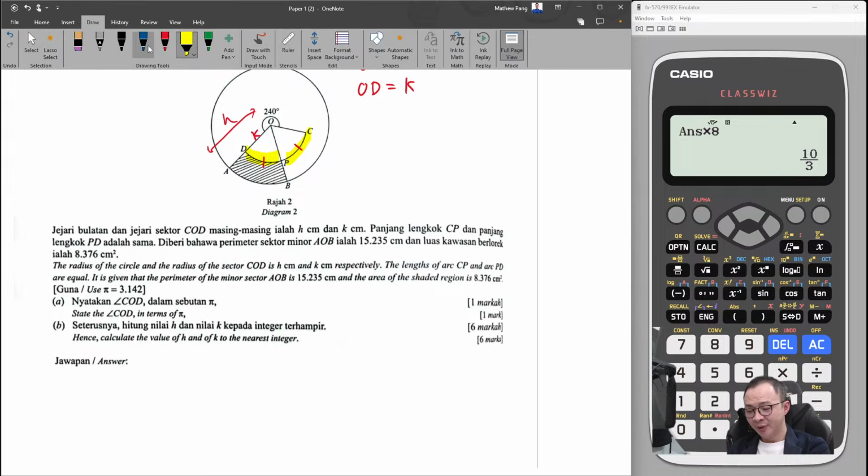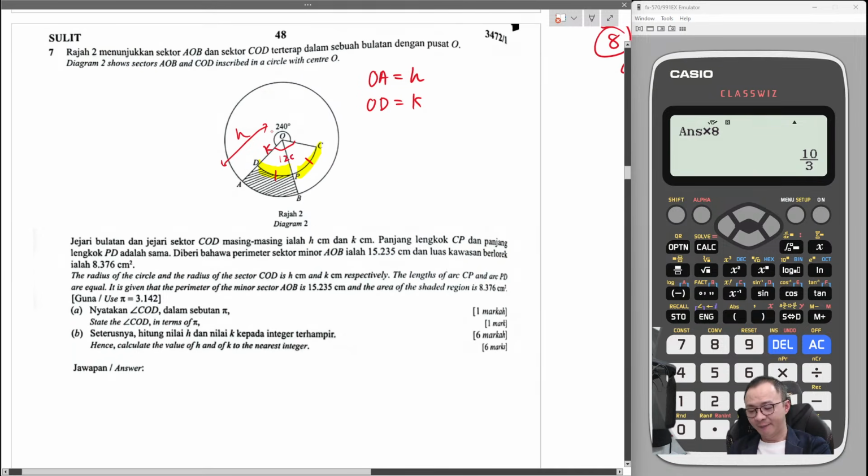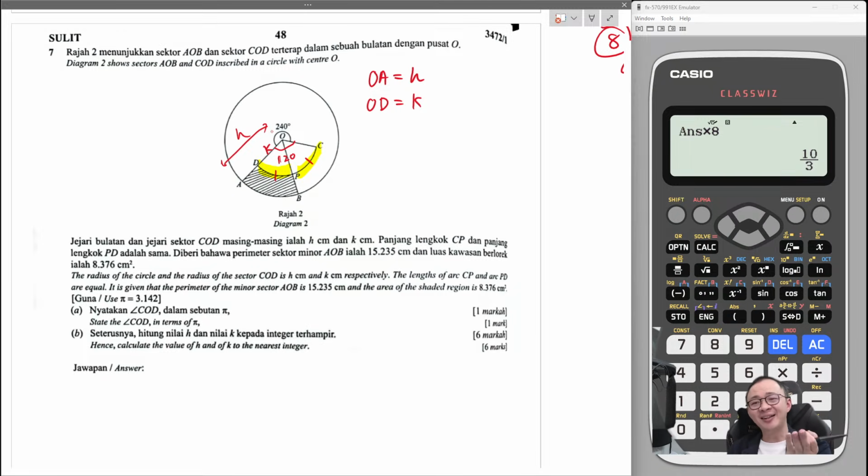Here is 120 degree because 360 minus 240. Since they have the same arc length, then the angle must be the same also. So it's not hard to guess. Here is 60 degree. Here is 60 degree.